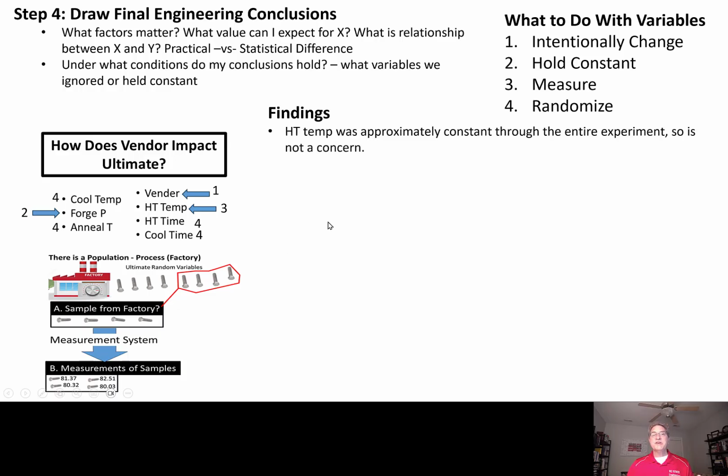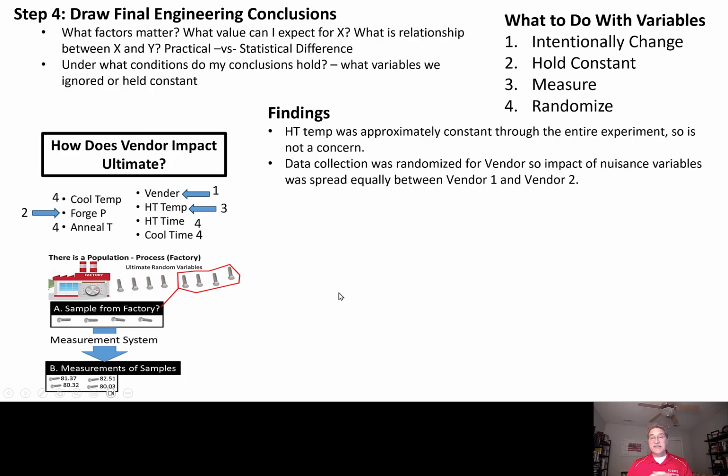The heat treating temperature was approximately constant during the entire experiment, so not a concern. What's the difference between the two data sets? Vendor, heat treating temperature didn't matter. The data collection was randomized for vendor, so they were all spread out. We spread the love. So the impact of the nuisance variables was spread equally between vendor 1 and vendor 2, so that's not a factor.